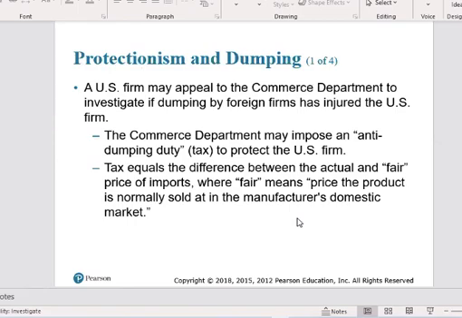Before we talk about anti-dumping, before we talk about protectionism and dumping, why is dumping not good? Many countries, actually all of them basically, do not like dumping from other countries. Imagine if Chinese firms like Huawei or Xiaomi practice dumping in South Korea.